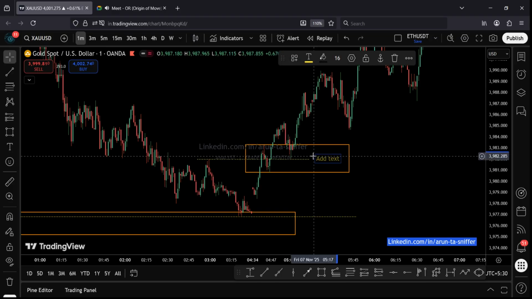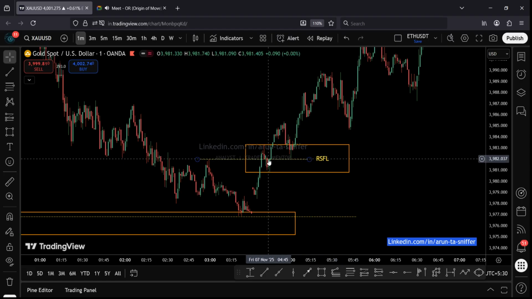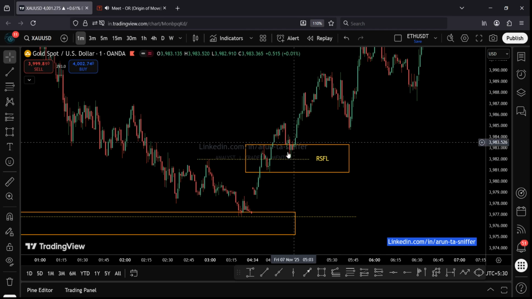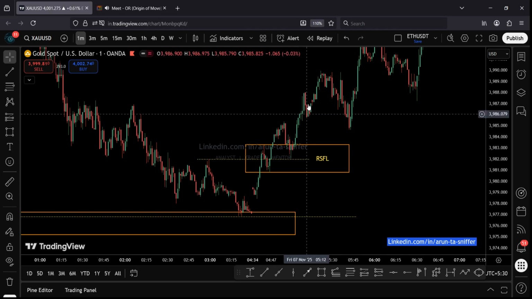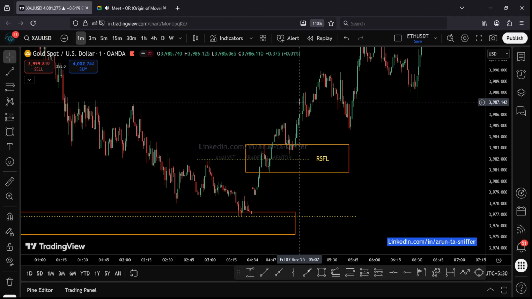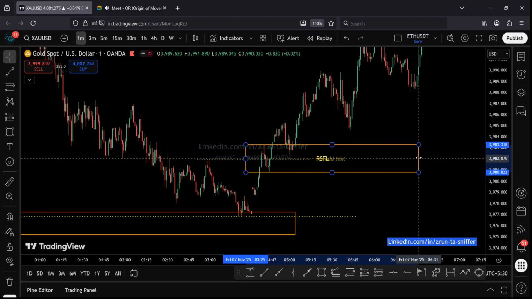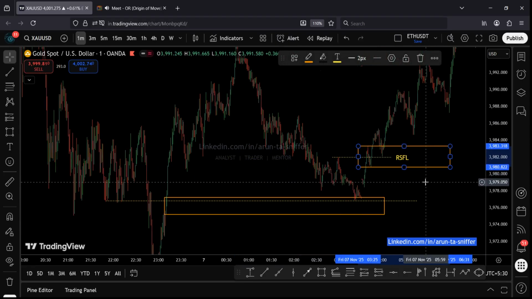So what did RSFL do? It sent the price up again. This RSFL sent price up again, right? This one is our RSFL, and price hit this.